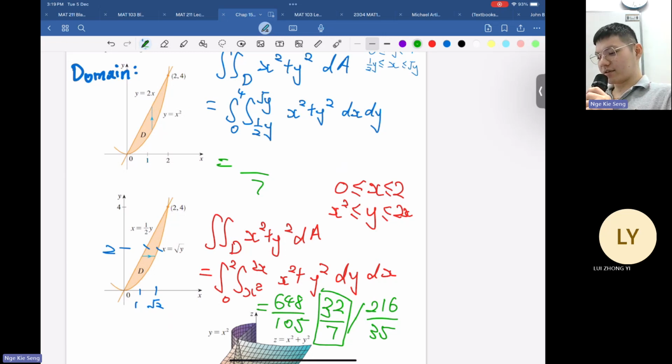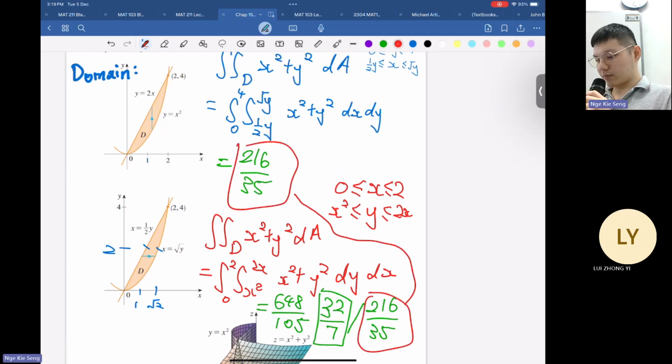Yes. 216/35. You also get 216/35. Okay, so the correct one is 216/35. For both methods, you should get the same. Okay. Others managed to get it.